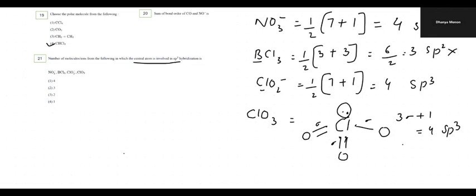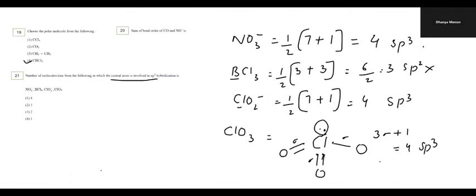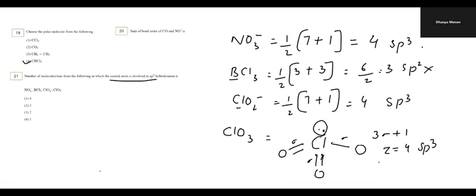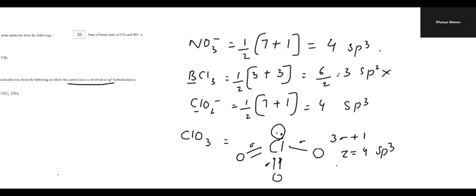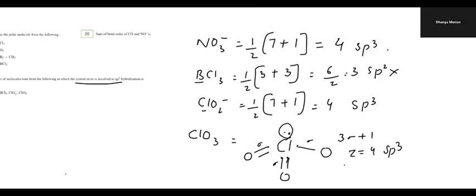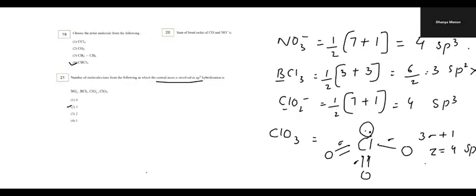This also has the sp3 hybridization, so Z value is 3. It has sp3 hybridization. So our answer is how many species? 3 of them have the sp3 hybridization. Okay.